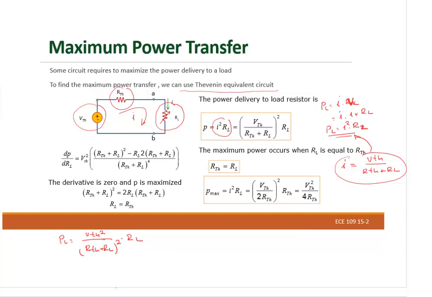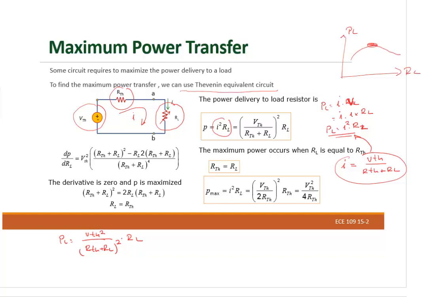Now if you plot PL as a function of RL, somewhere it's going to go to a maximum. So this is RL, and PL goes up and down.